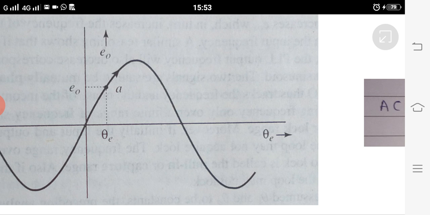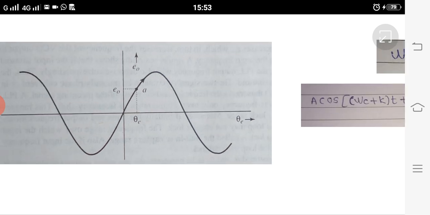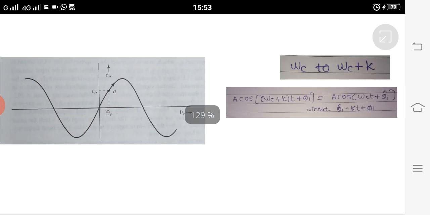Now suppose further the input sinusoid frequency suddenly increases from omega c to omega c plus k.